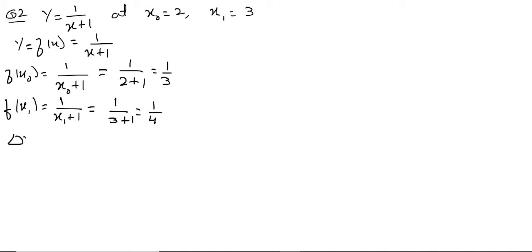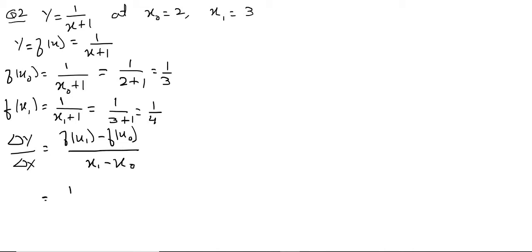Now we are going to put these values in the formula. First of all, the formula is delta y by delta x is equal to f of x1 minus f of x naught, whole divided by x1 minus x naught. So 1 over 4 minus 1 over 3, and here just replace with the points, that is 3 minus 2.